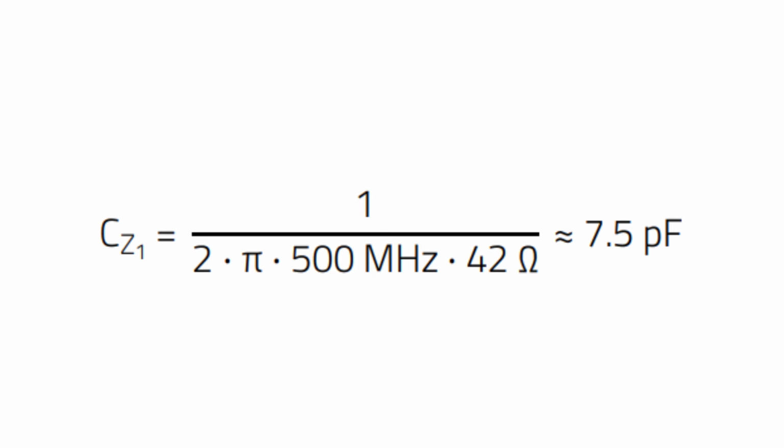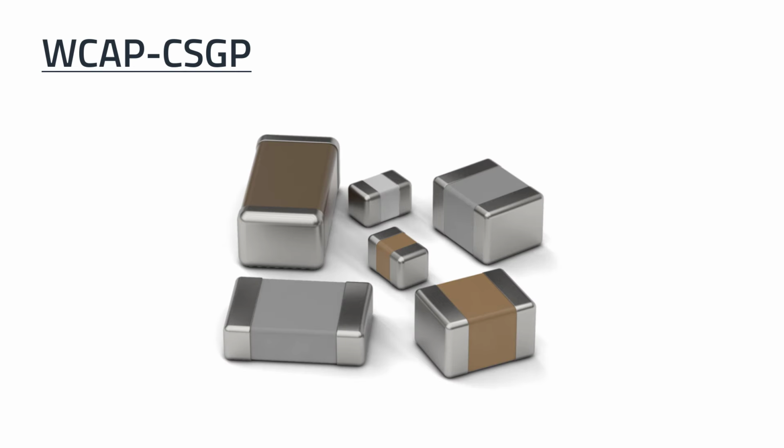We have the capacitance equals 1 over 2 times pi times 500 megahertz times 42 ohms. It's going to give us roughly 7.5 picofarad. So based on these calculations, we recommend the WCAP-CSGP, and this is an MLCC capacitor with a value of 10 picofarad and a voltage withstand rating of 25 volts.